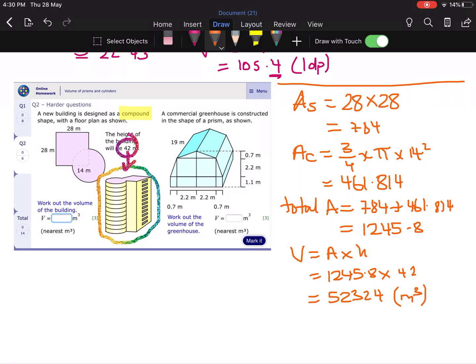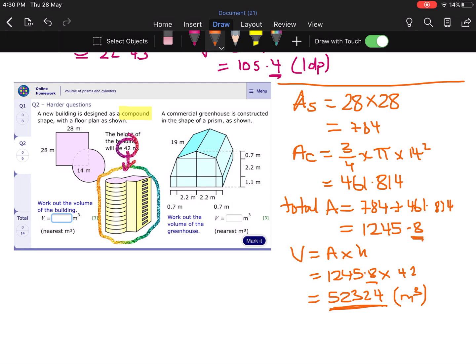So no decimals needed. But you see that I left the 0.8 in there. If I didn't put it in, I might not have got the most accurate answer. It might have been off by a few meter cubes, which is actually a big degree of inaccuracy if you were to talk about the whole volume. Losing out on 10 meters cubed is quite a lot of space. So that's why I left the decimal in here. So don't round until the end.